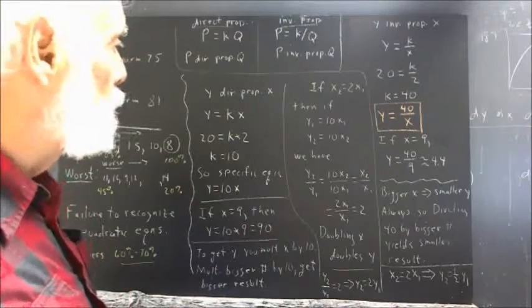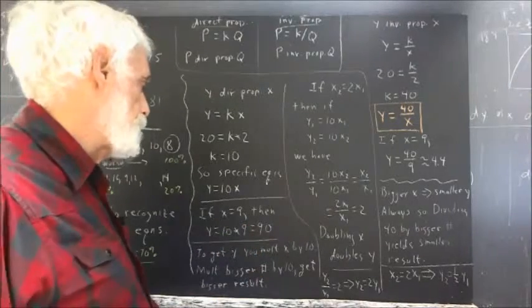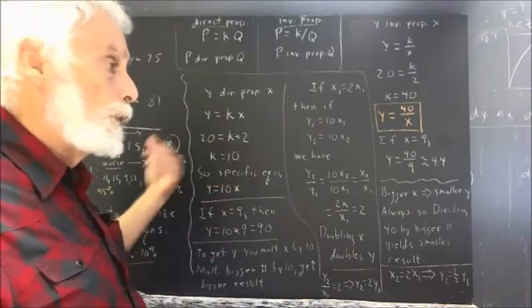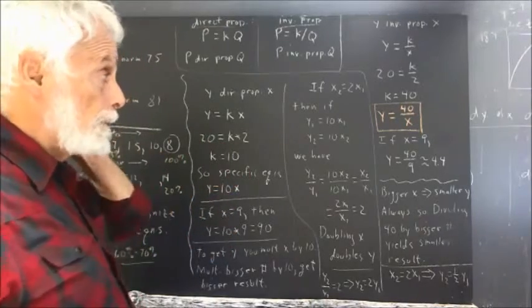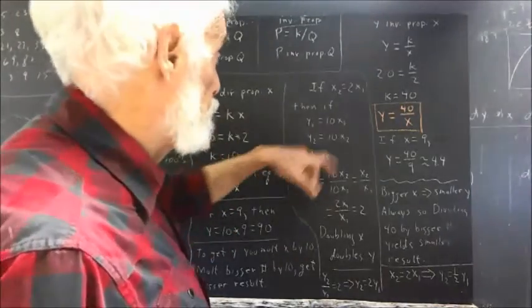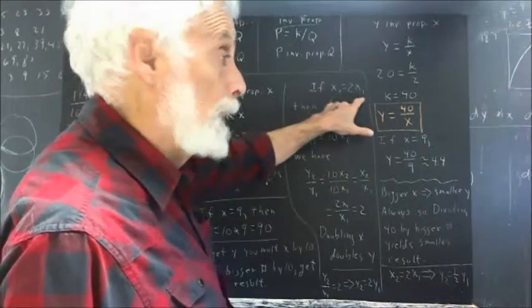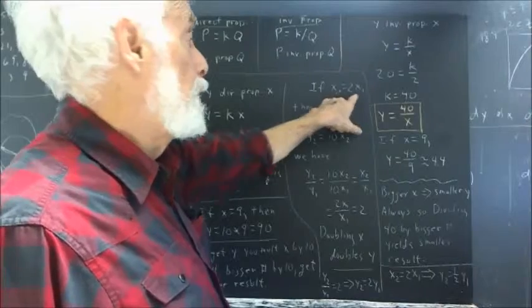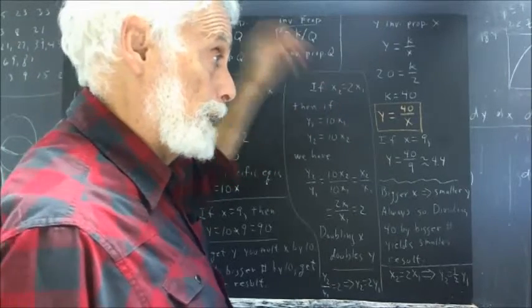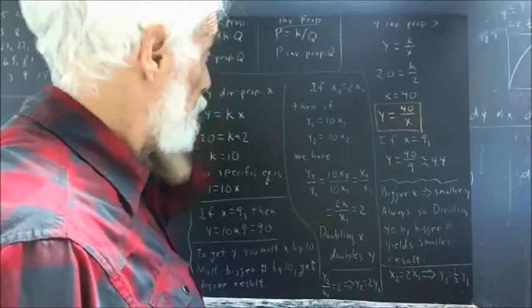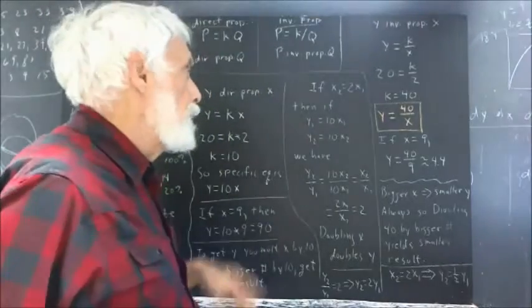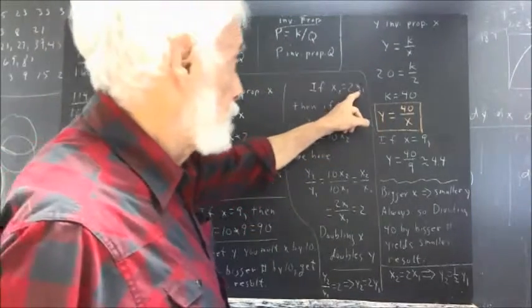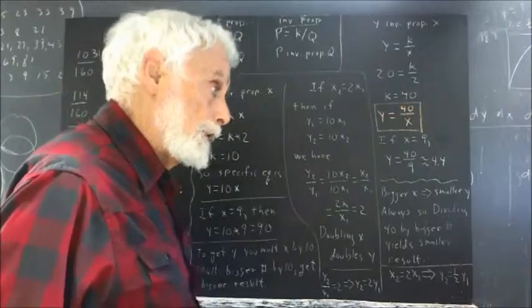Now, we can prove, in fact, that this does happen, that if you double X, Y is going to have to double. To prove that, we just let X2 equal 2 times X1. X1 could be any number, but now X2 is going to have to be twice that big. So we're going to assume that X is doubling from the value X1 to the value X2.